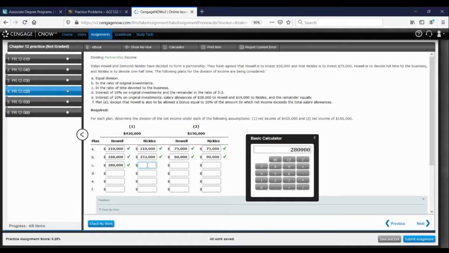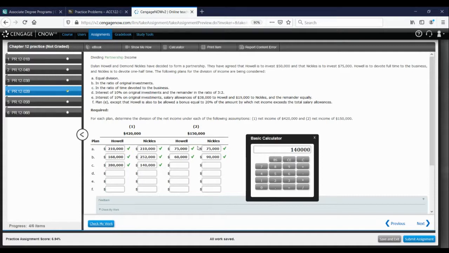Nichols is going to get 1/3. So 1/3 of 420,000 is 140,000. Notice the two of these added together should come back up to 420,000.